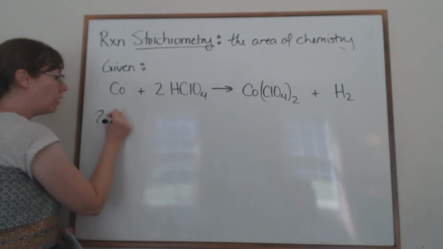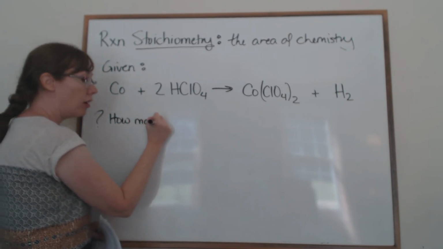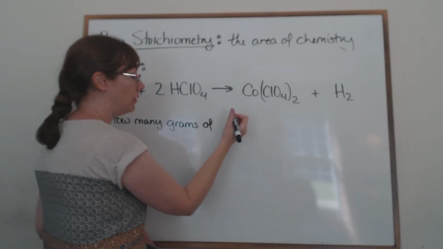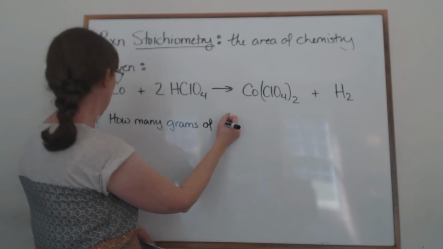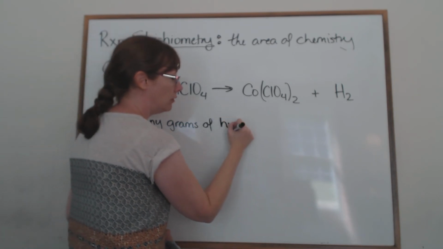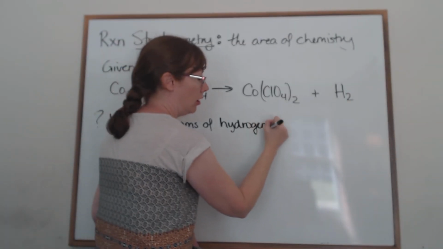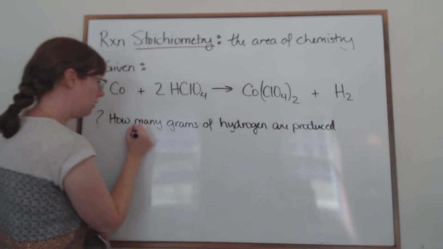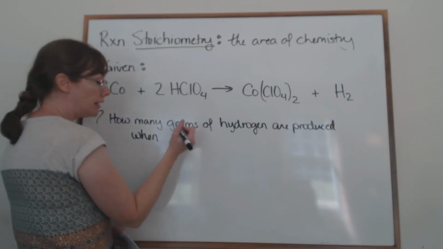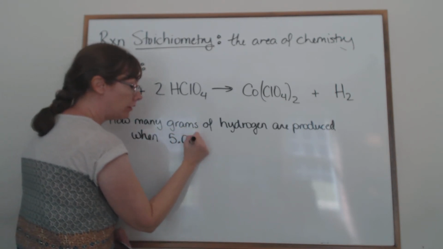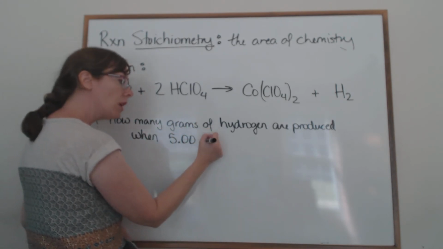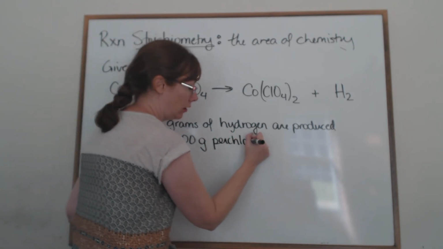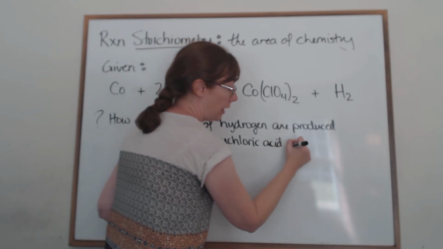So here's the stoichiometry question. Let's see, how many grams of hydrogen are produced when, let's go with 5.00 grams of perchloric acid react.